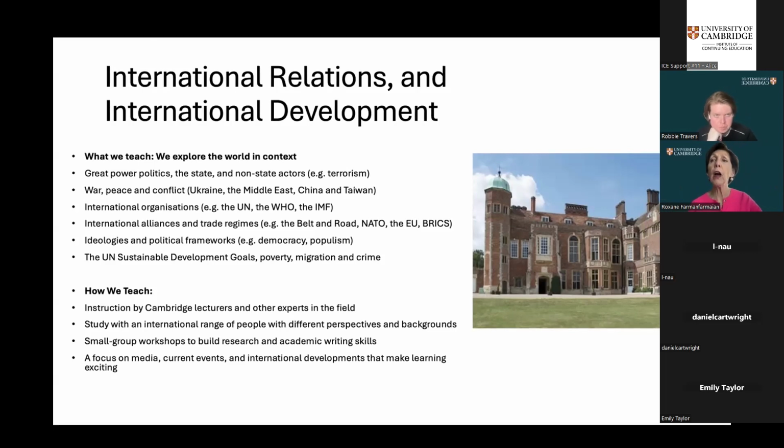We also look at conflict more generally, because that is the heart of what international relations and international development are really all about. International relations looks at state to state relations. International development looks at the effect of state-to-state conflict and peacemaking on the ground. And so these are two different levels within the hierarchy of the international.